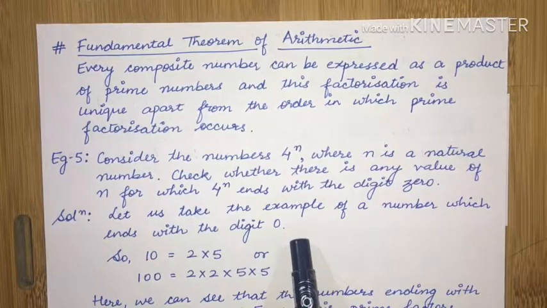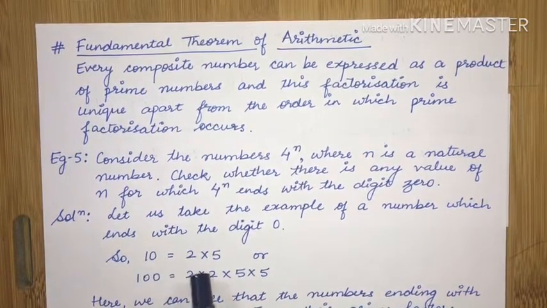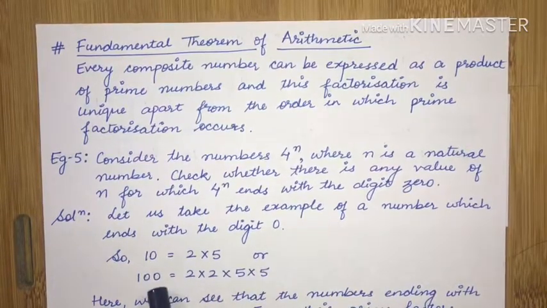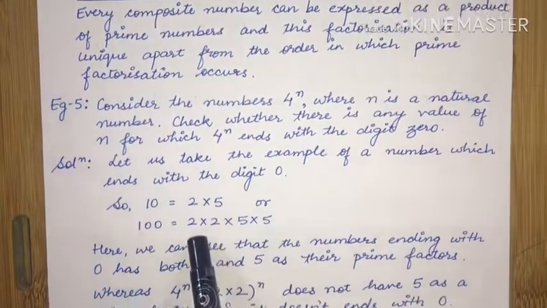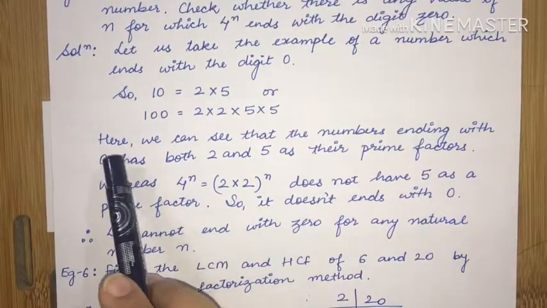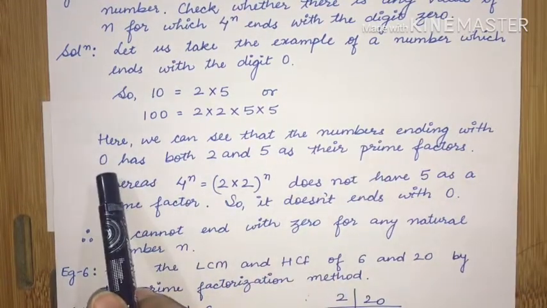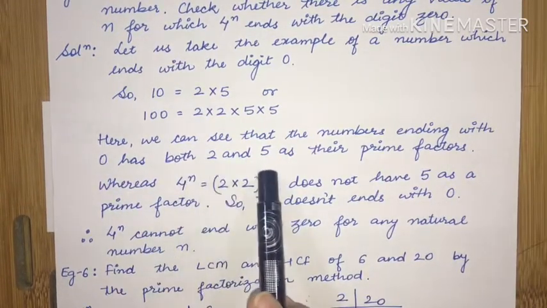We already know any number which ends with 0 has 2 and 5 as its prime factors. So we have taken two numbers, 10 equal to 2 into 5 and 100 equal to 2 into 2 into 5 into 5.